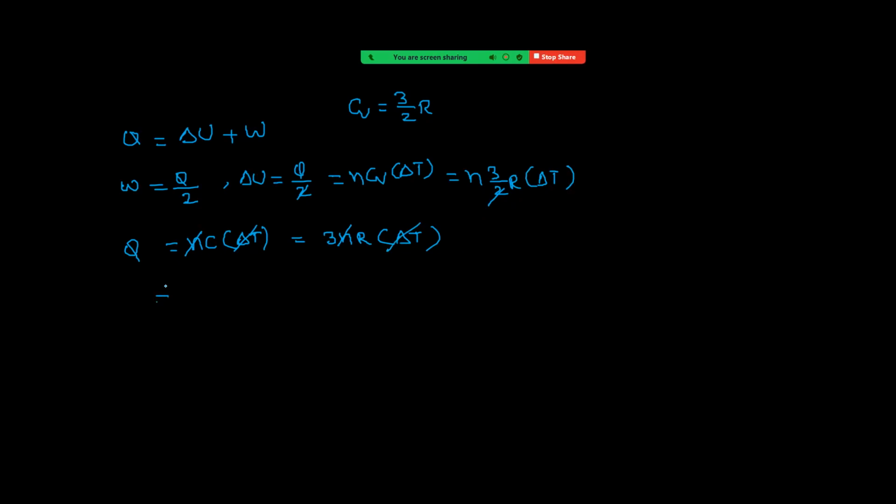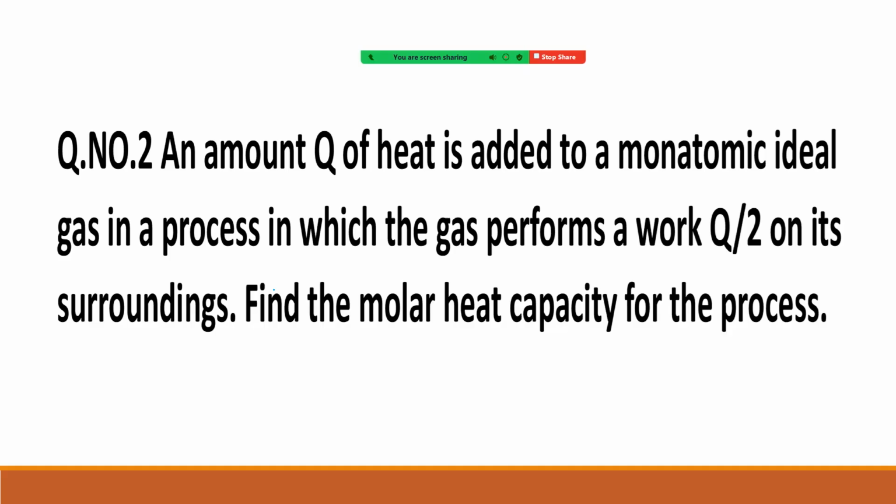Remaining is now C. So C equal to 3R. Okay. It is C equal to 3R. So like this directly we can solve it. Let us see the next problem.